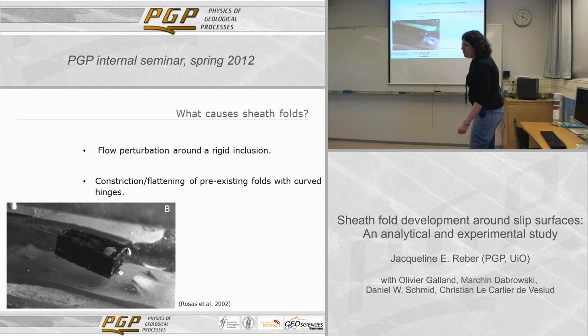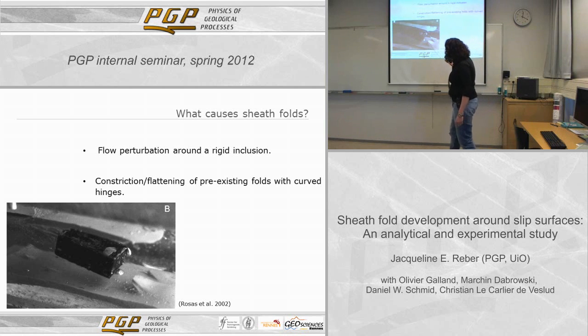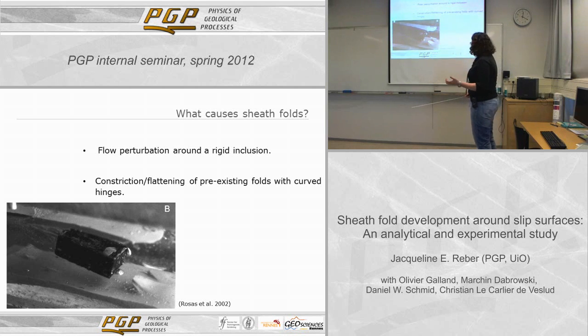Then another very popular triggering mechanism was proposed, that you have a rigid inclusion, this black thing here, which is embedded in a matrix, and then again you put it under simple shear, and at the edge of this rigid inclusion you produce tiny sheath folds, like this guy and this one. So pretty tiny. This is also an analog experiment done by Rosas in 2002.